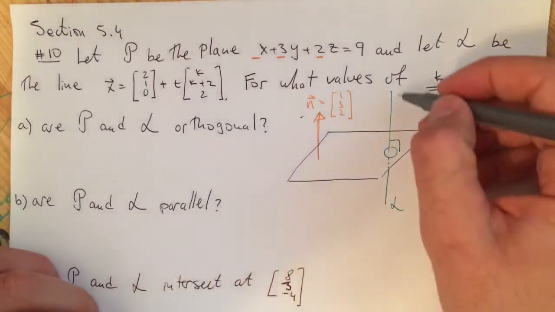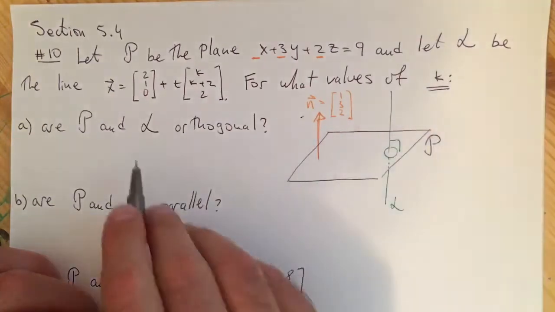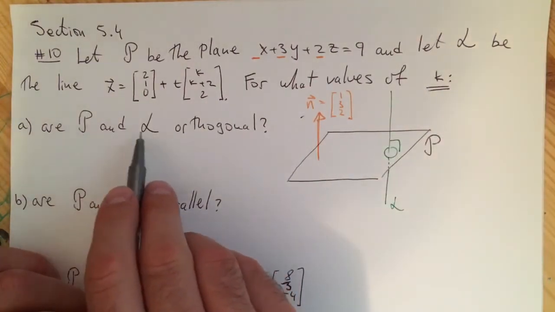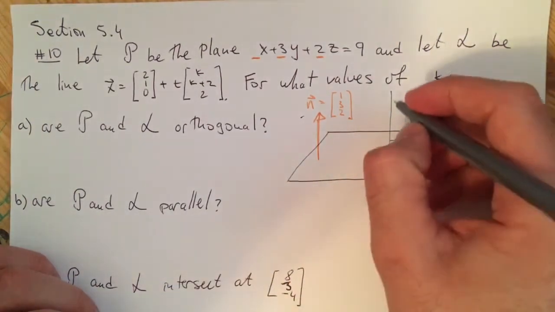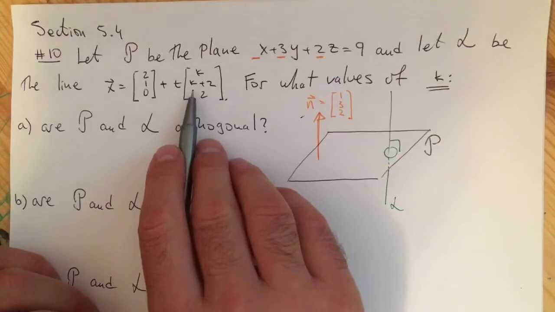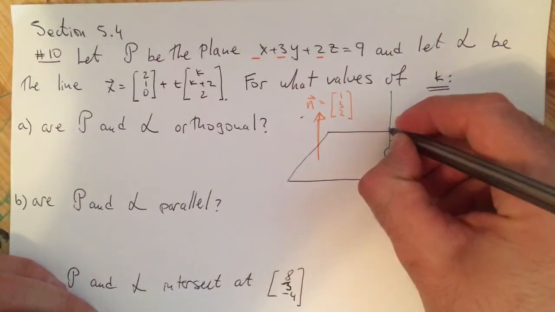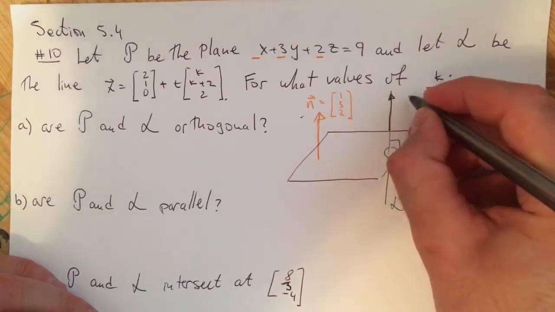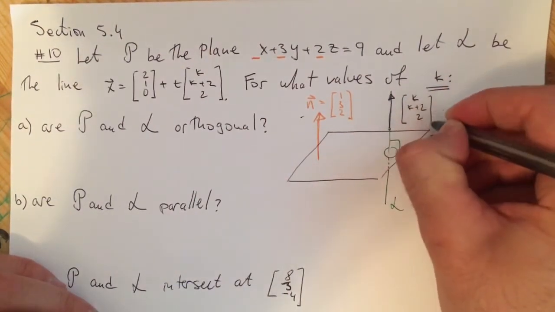So the normal vector and the line are parallel in the case where the plane and the line are orthogonal. And one more thing now, what is the direction vector of the line? Well, the direction vector of the line is (k, k plus 2, 2), right?